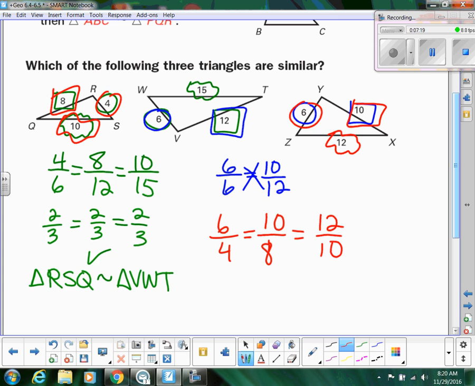So again, if we reduce, I just did it backwards, didn't I? So that'll be 3 over 2. This will be 5/4. So no, that's not going to work, is it? Okay, so those ones that we said in the beginning are the only two triangles that are similar here. And that's using side-side-side similarity.